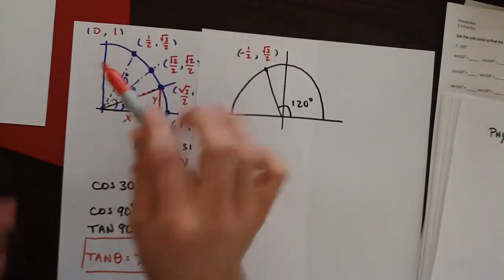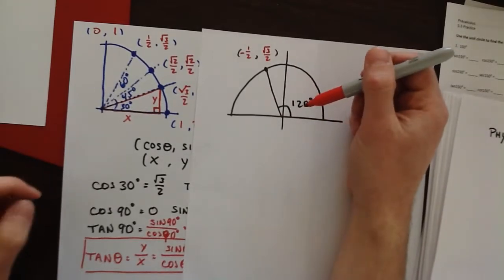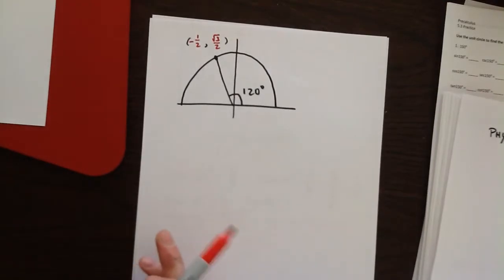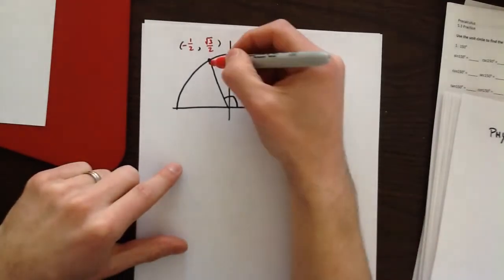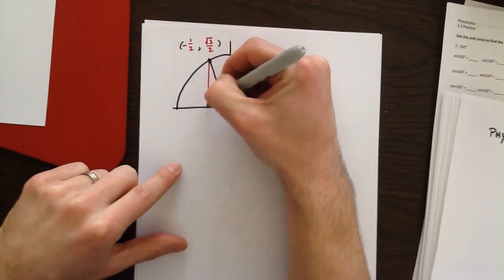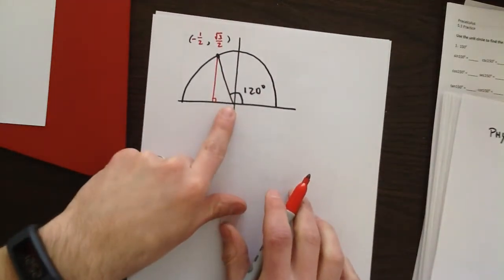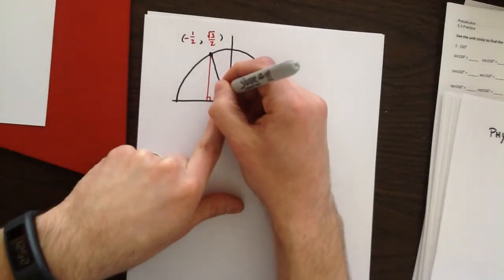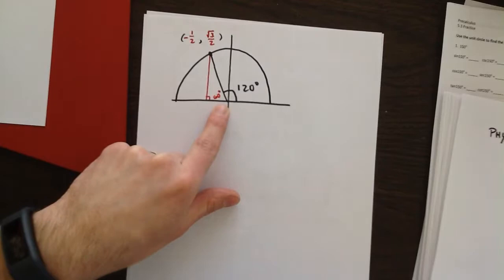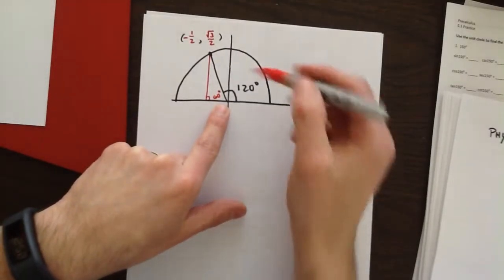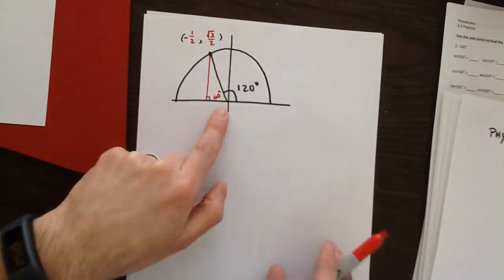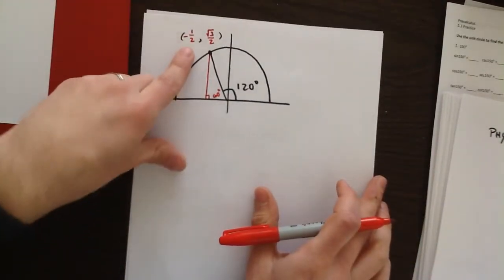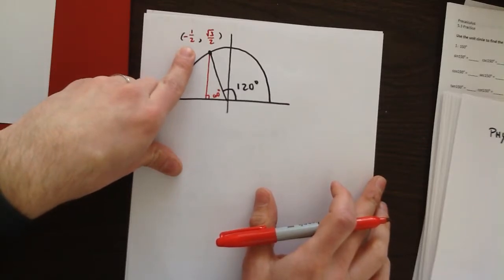We don't have right triangles at 120 degrees, but we go to our reference angles. If we make a right triangle here, how big is our reference angle? Our reference angle is 60 degrees. Well, with 60 degrees, we've got the same exact triangle. Why is this negative instead of positive?